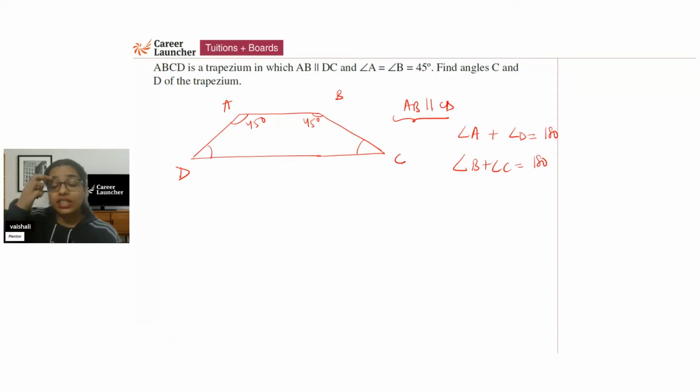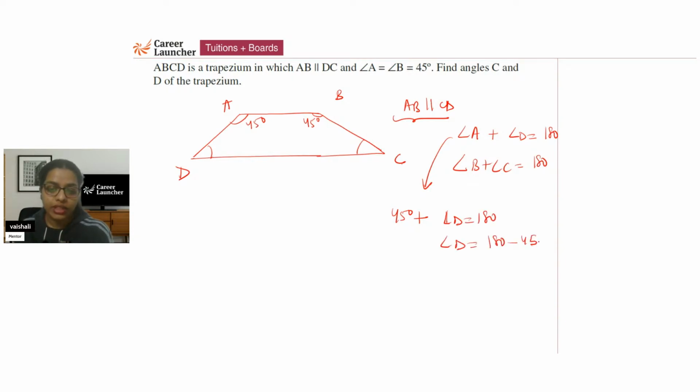From both equations we can separately find the value of C and D. So let's quickly do that. Angle A is 45, so 45 plus angle D is equal to 180. So what will the value of angle D be? 180 minus 45, right? And angle C's value will also remain the same, right? So whatever the difference is, it is going to be the value of C and D, right? So there is no other concept to apply here.